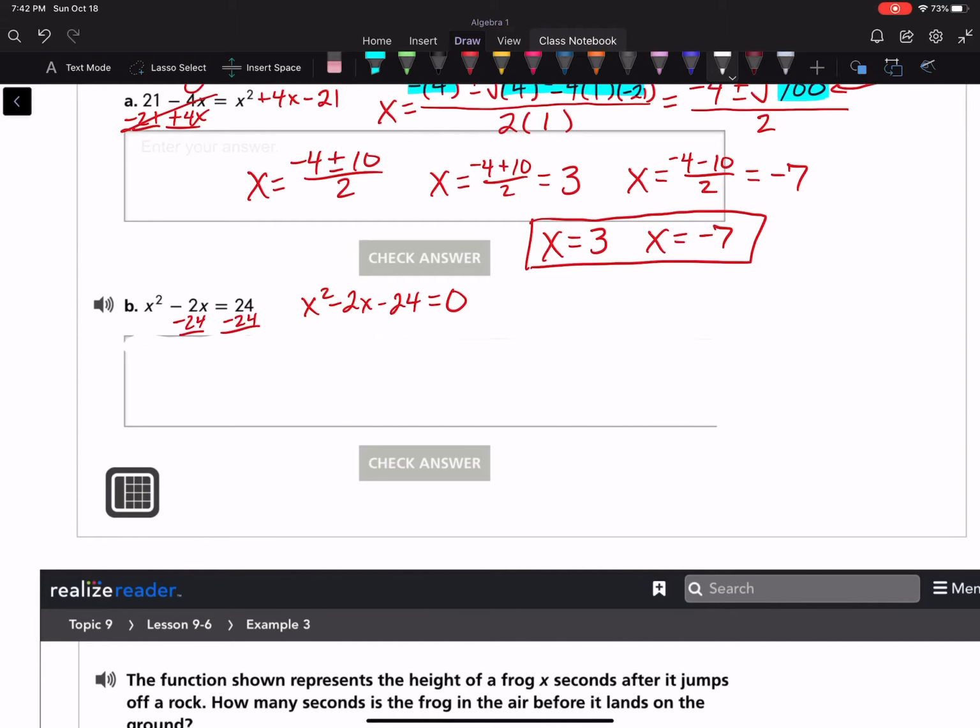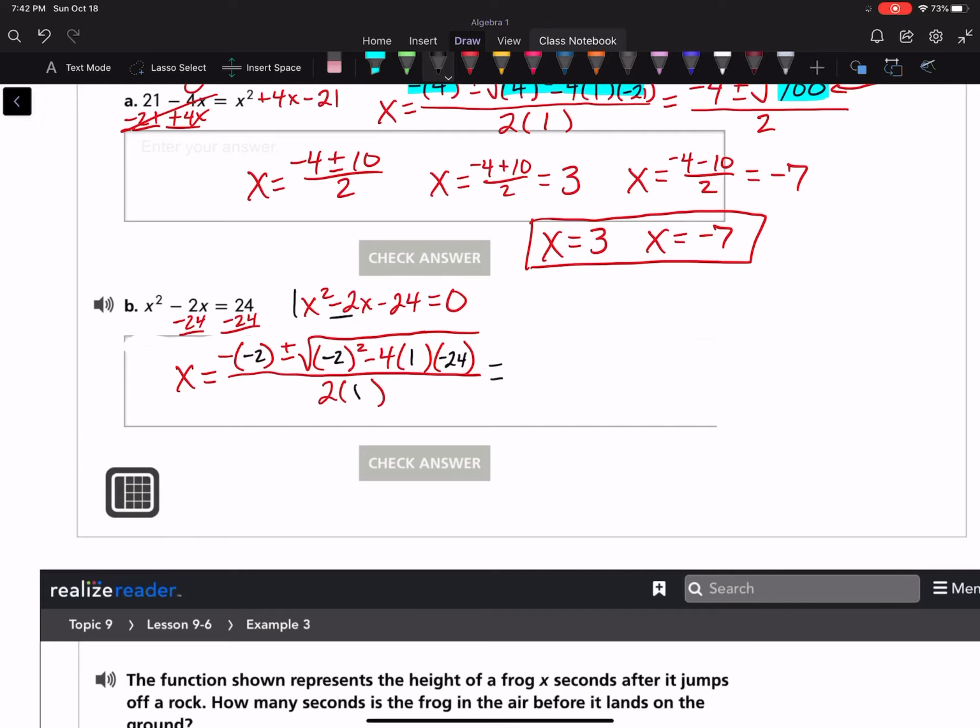Okay, so we're going to have x equals negative b plus or minus the square root of b squared minus 4 times a times c, all over 2 times a. B in this problem is negative 2. A in this problem is 1, and c is negative 24.